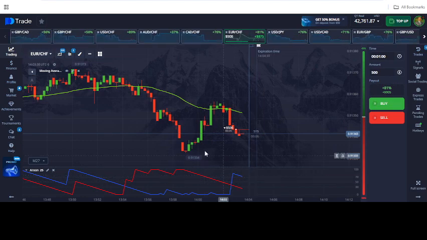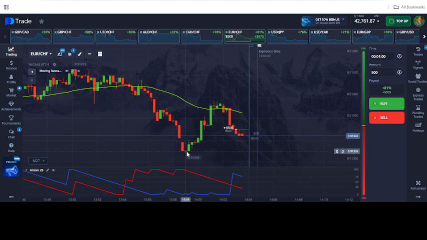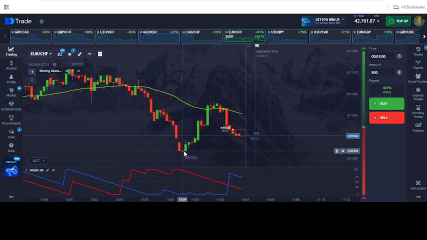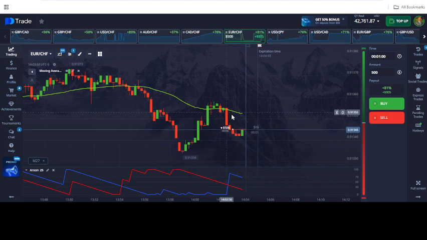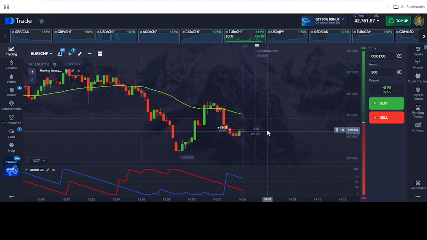So let's monitor it. And plus, we don't have any levels of support coming up. That's another important thing here. The next level of support is right over here. So I'm anticipating a continued bearish trend to the downside here. And we see that in the EMA line sloping downward as well.